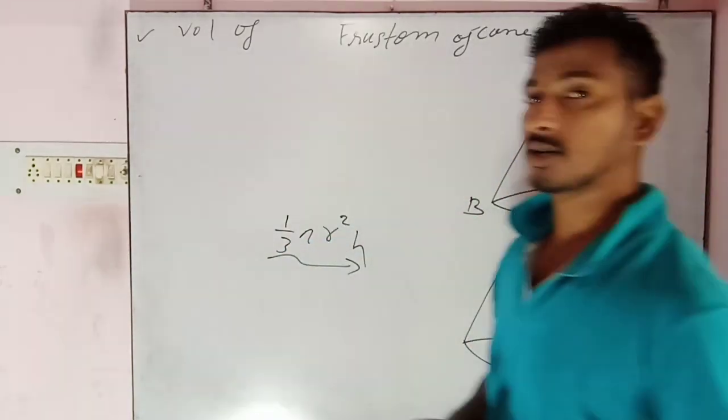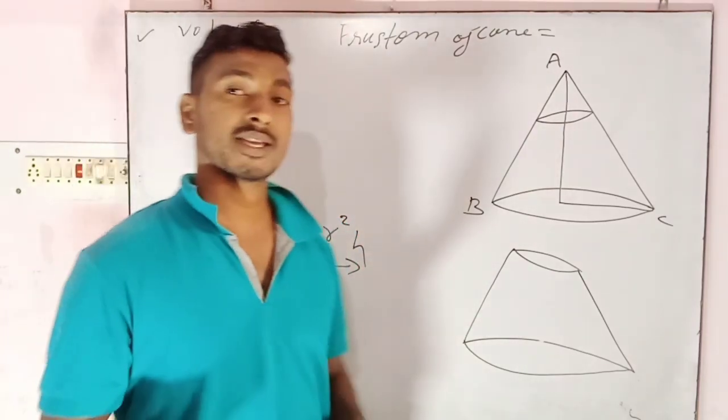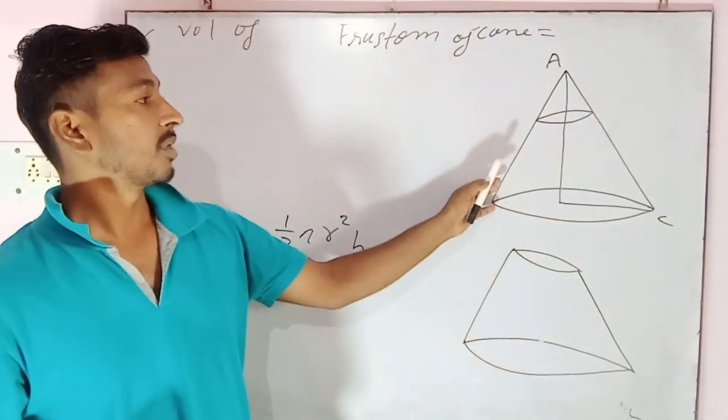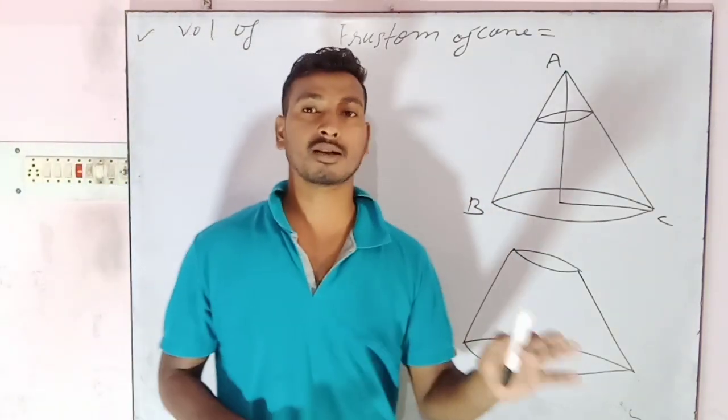So we first make the relation between radius and height, and for making the relation we will use the concept of similarity, which is given in your class 10 triangle chapter.